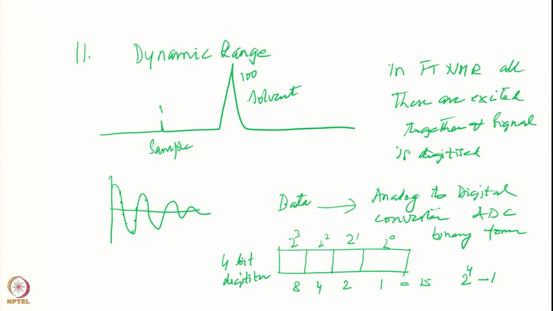Okay. So therefore typically one uses what are called 12 bit or 16 bit digitizers. Out of these they also have to account for the sign. One bit is kept for the sign, plus or minus. So, therefore, what will be the number in a 12-bit digitizer? Okay.